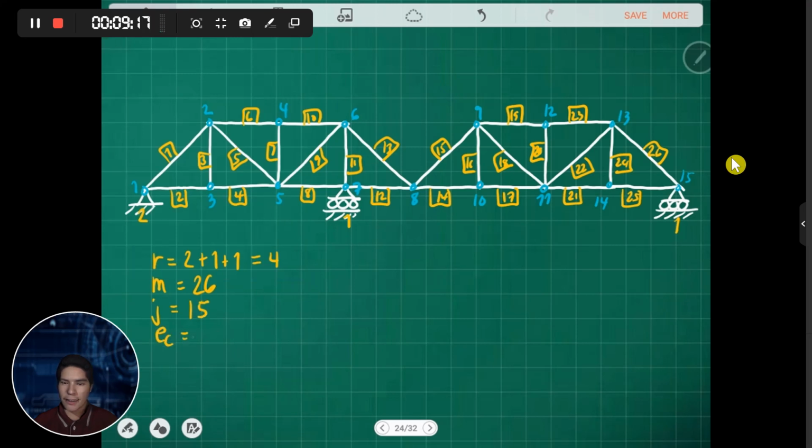So EC, we have 0 since there are no internal hinge and internal roller. This is a truss, so there's no need for it. For a truss, we just need the quantities r, m, and joints. So the value of m plus r, we have 26 plus 4, so we have 30.